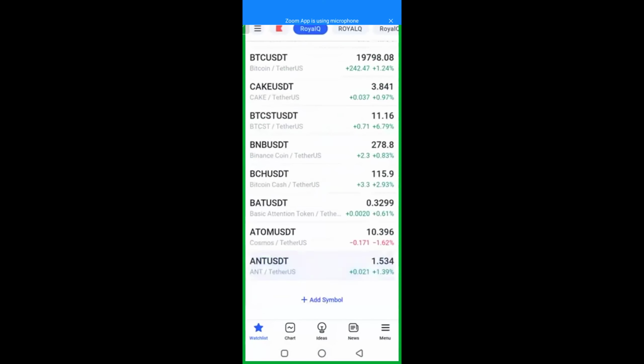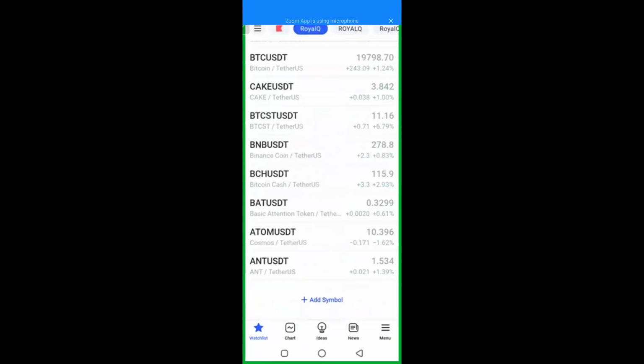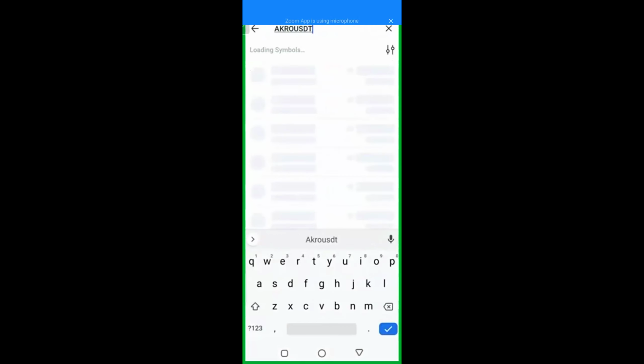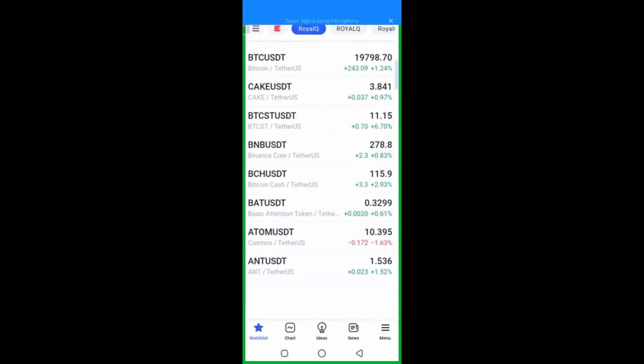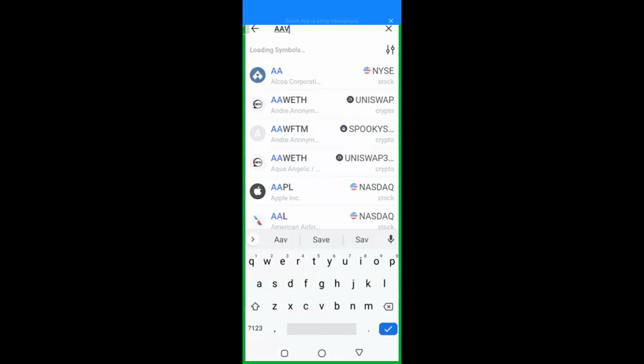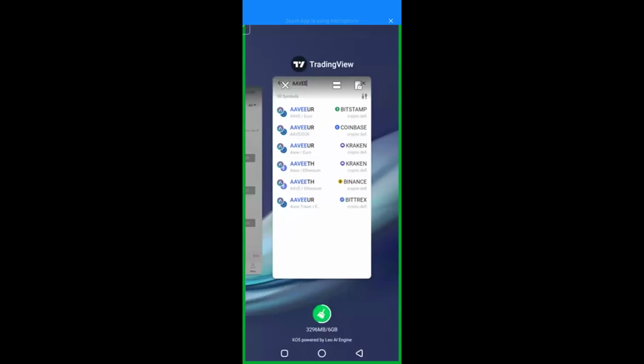Okay, so we are still moving. We have Acro, Ada, Ave. So we have Acro USDT. We're still creating our watch list, ladies and gentlemen. We have Ave. Am I writing it well? I need to check up.